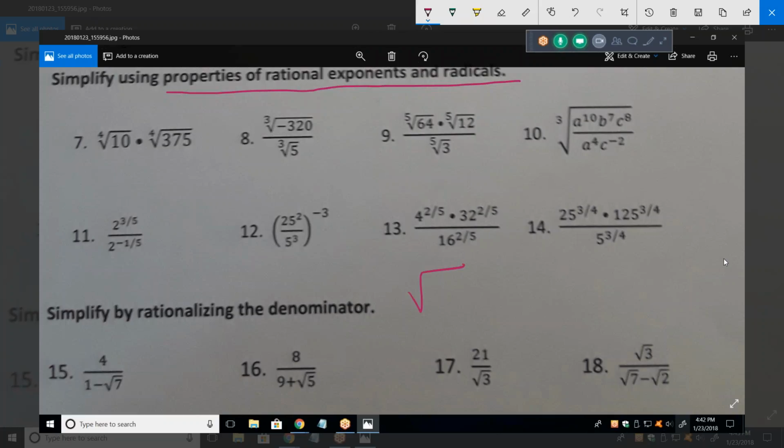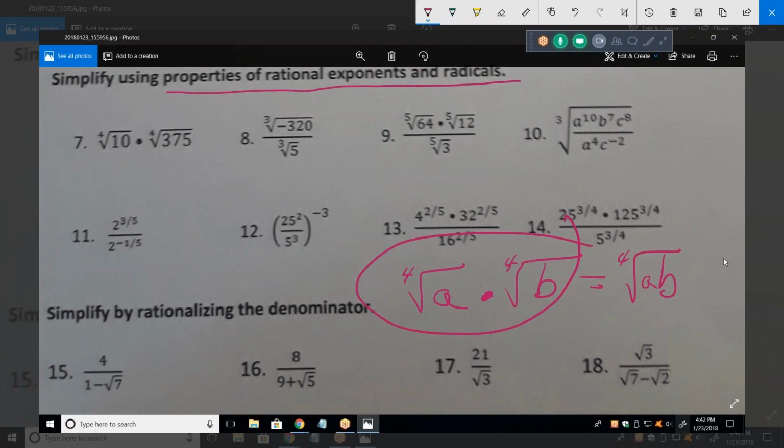If I have the fourth root of A times the fourth root of B, what's that equal to? AB to the 1/4. Yeah, it equals the fourth root of AB.